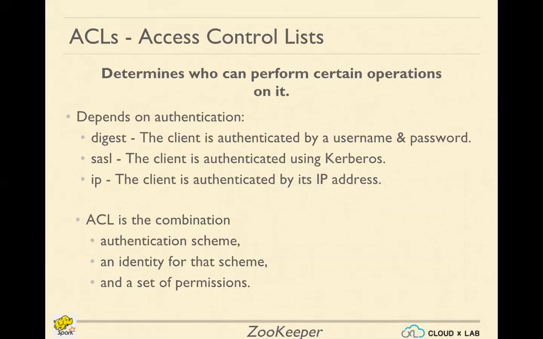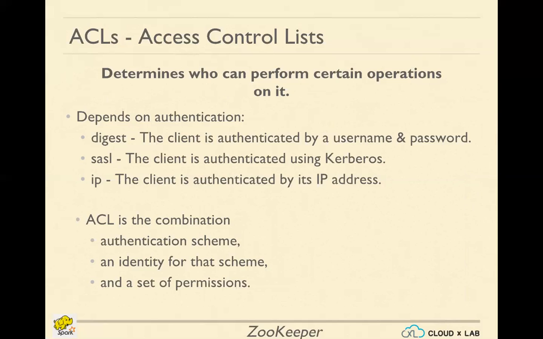Because Zookeeper as an application is going to be used by the entire organization, by applications of the entire organization. So there are two parts of ACL.